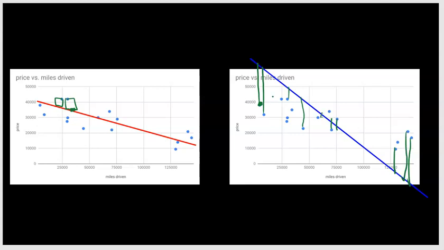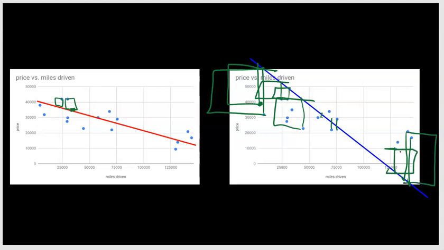So if you think about this line, which is a very, very poor line, its square residuals are going to be enormous, right? Even the ones that look small are fairly large. I'm not going to draw all of them here for you, but you can literally see that when the line is not the best line, the square residuals are huge.